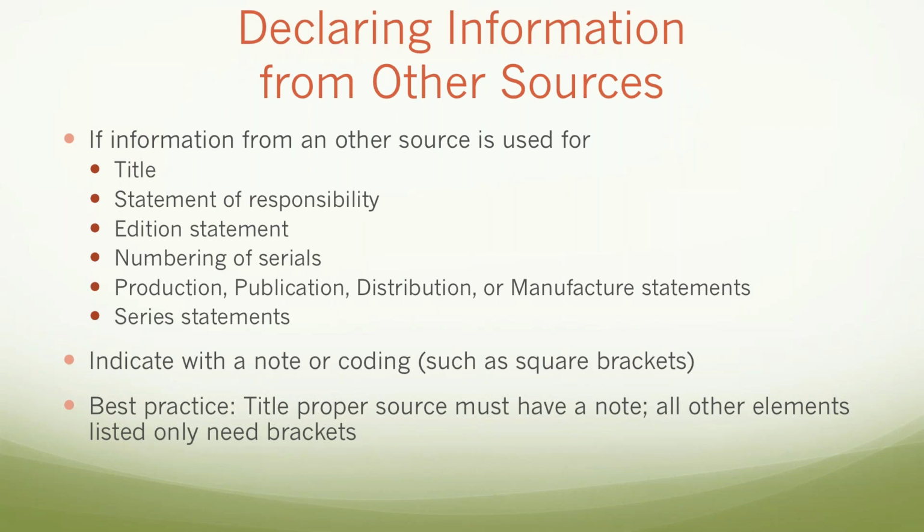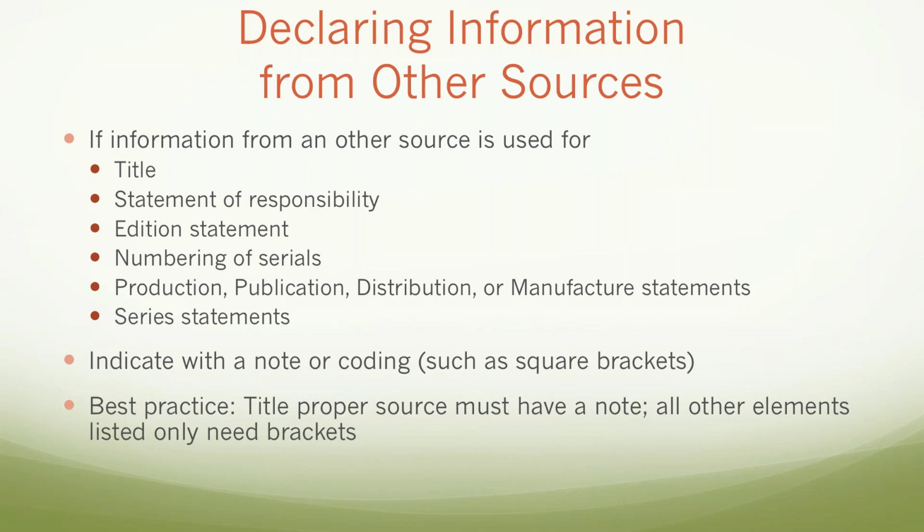So if you take information from other sources, so some source that is outside of the resource itself, such as the list that you see here, these are the ones that RDA identifies as requiring some sort of indication that they come from outside the resource itself. These are the title, the statement of responsibility, edition statement, numbering of serials, any of your production, publication, distribution, or manufacture statements, and series statements.